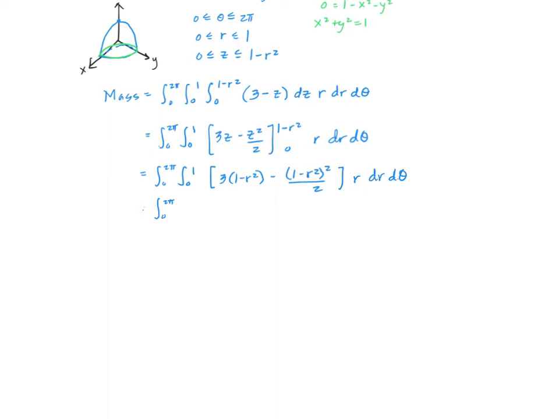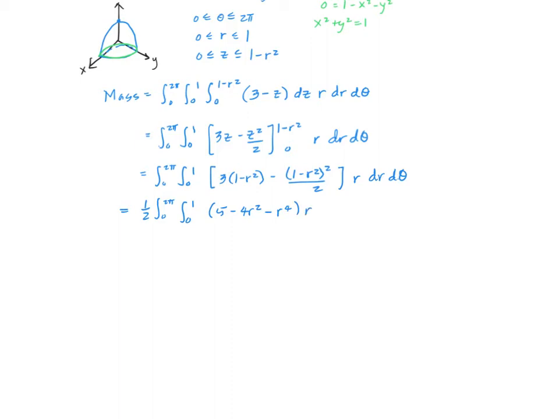So double check me on just this algebra. I got 5 minus 4r squared minus r to the 4th.